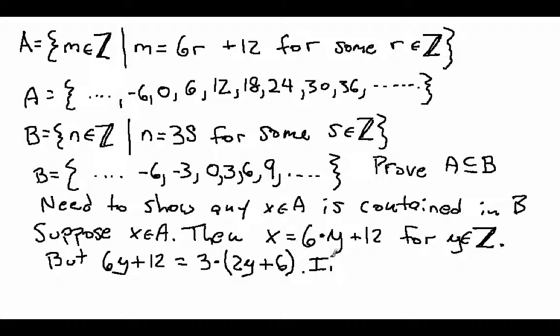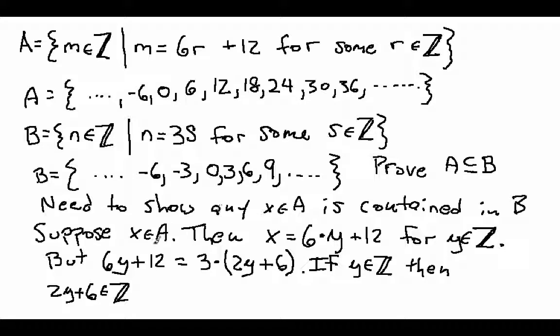And then I say something like the following. If y is an integer, then 2y plus 6 is an integer as well. In other words, if I have an integer and I multiply it by 2, I still have an integer. And then if I add 6 to it, I still have an integer.